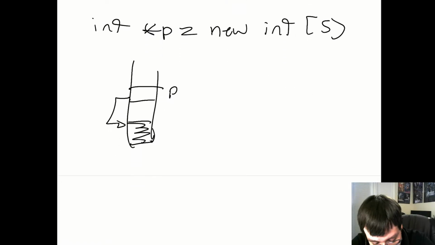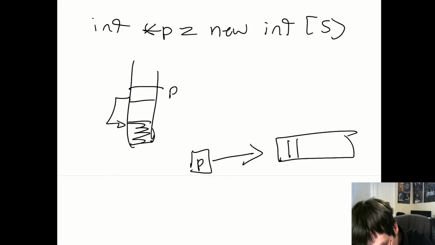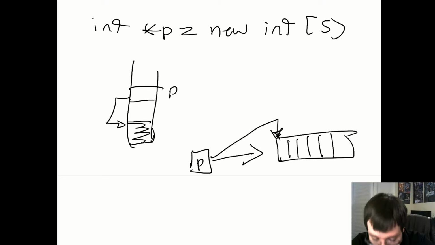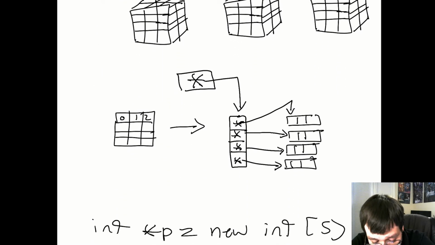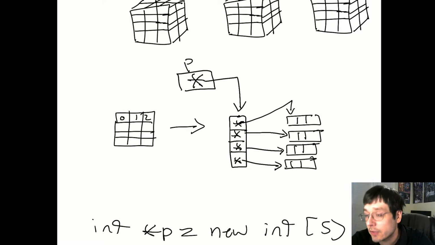So really what I have visually is pointer p pointing to the beginning of an array, and by beginning I mean it literally points to the first element of it. So now that's what I'm going to do. I'm going to have p point to some dynamically allocated array of pointers, and each of those pointers will point to the beginning of the dynamically allocated array of actual data, of integers or characters or whatever it is.